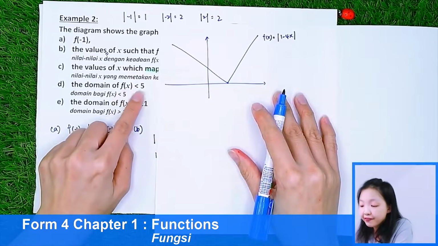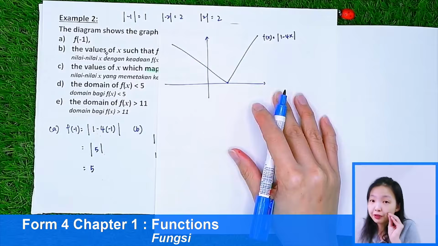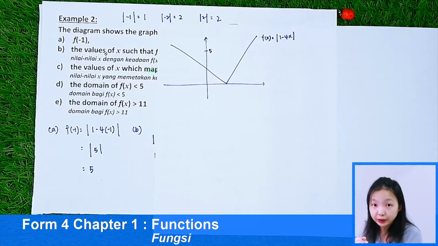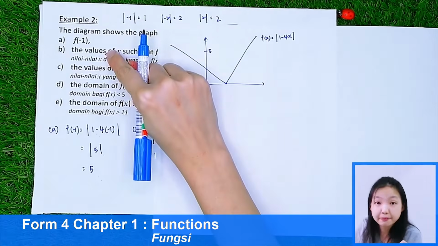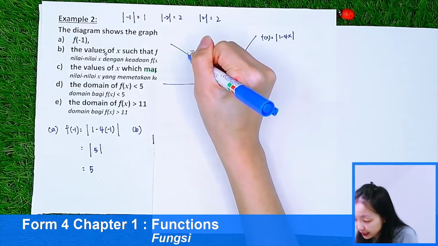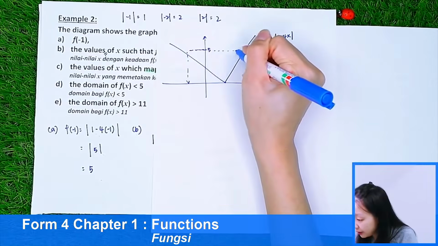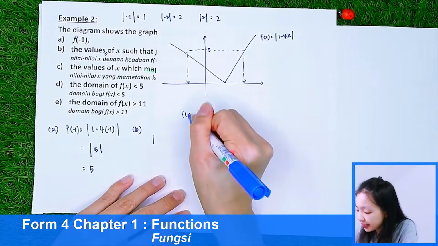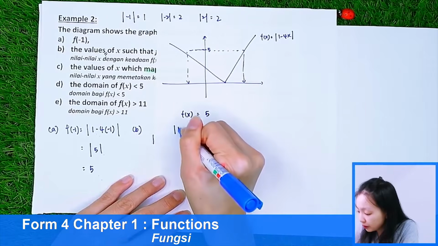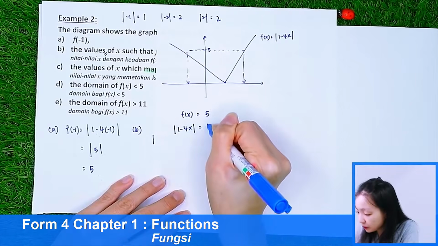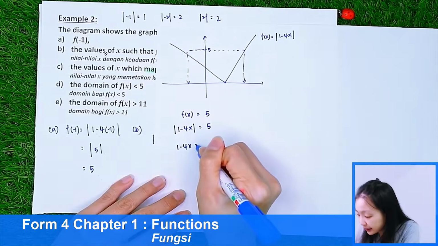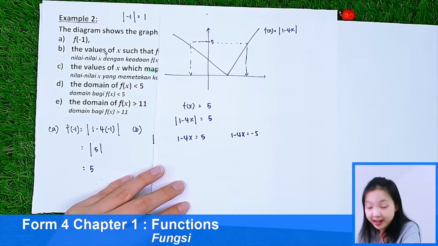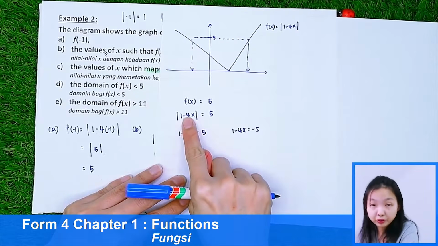Before we find the range, let us find what is the x value when f(x) equals 5, the same way we find in part B. So modulus of 1 minus 4x equals 5. So 1 minus 4x equals 5, or 1 minus 4x equals negative 5, because when 5 is inside the modulus, it's still 5.